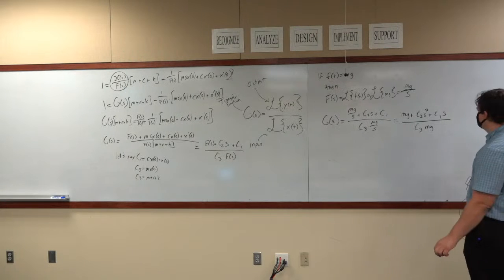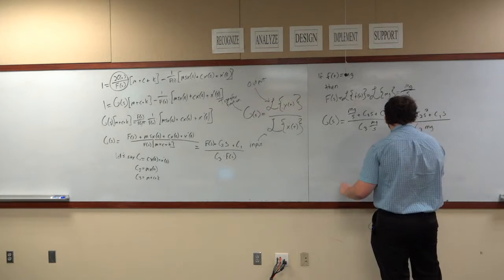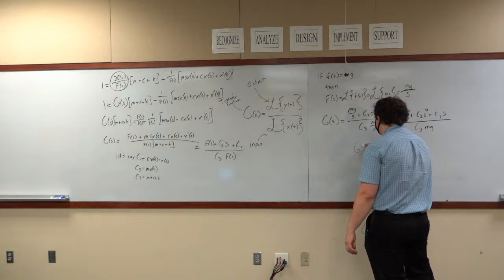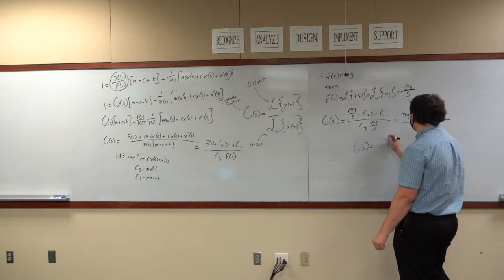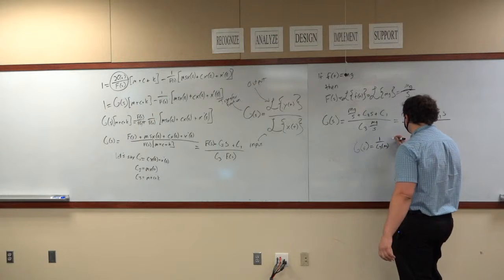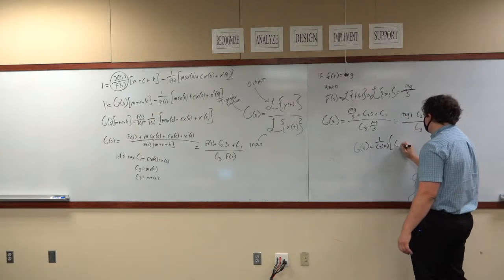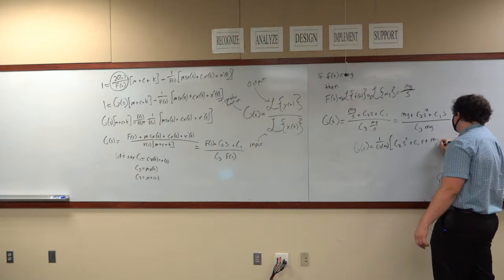Our transfer function comes out really nicely. Cleaning this up a little bit further, this is now equal to 1 over C3 mg, which are again constants, times (C2 s squared plus C1 s plus mg).